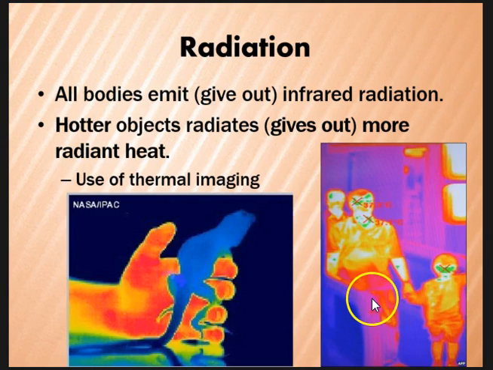While on the right hand side, people show up as tones of red and yellow, compared to the background walls, which show up as purple or blue. So the more radiant heat that an object gives out, thermal imaging shows this object in tones of red and yellow. Meaning these objects will tend to give out a lot more radiation compared to those in blue or purple.